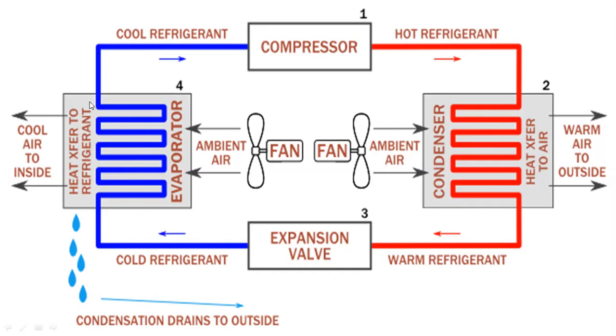In this cycle, the refrigerant in blue is cool and red is hot: hot refrigerant on top and warm refrigerant at the bottom. Beyond the expansion valve it becomes a cold refrigerant, then after the evaporator it becomes cool refrigerant, and you have the fans here. This is the very basic principle of operation of a refrigeration system.